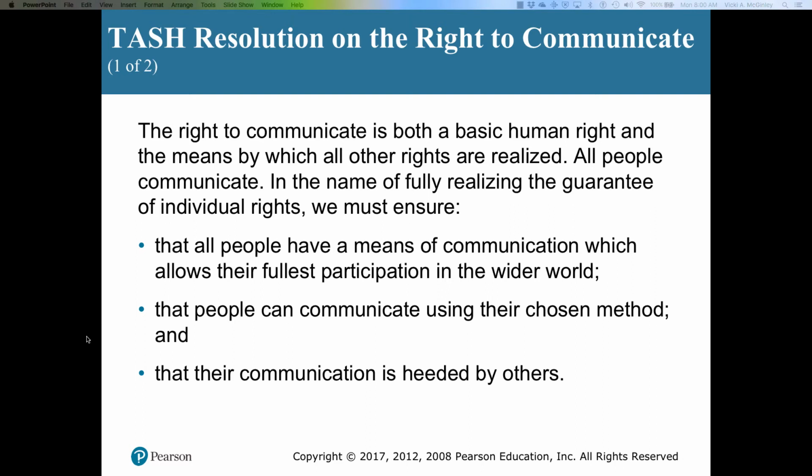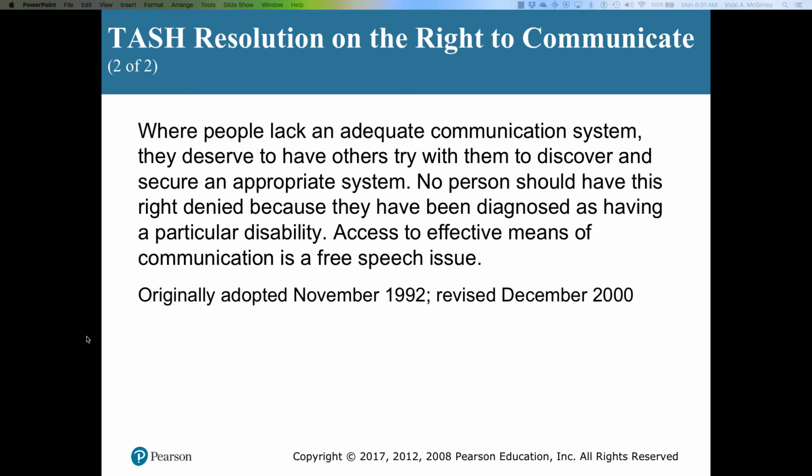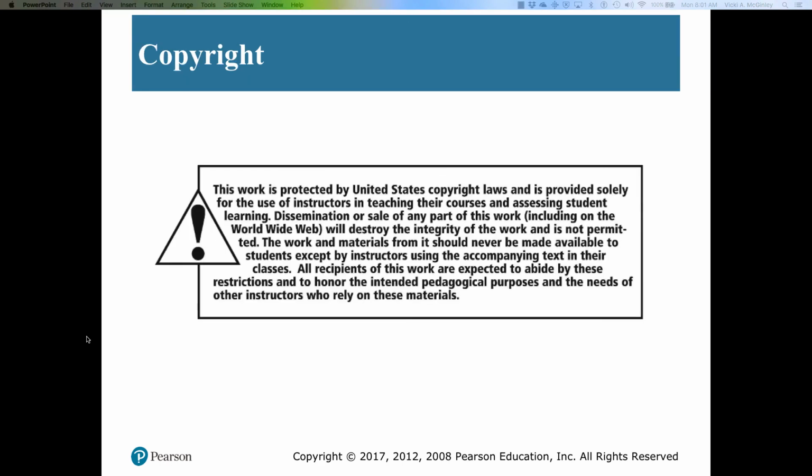A lot of times we seem to focus on the very basic of needs. They can communicate using a chosen method, and their communication is listened to and addressed by others. When people lack an adequate communication system, they deserve to have others work with them to help provide an appropriate system. And that concludes Chapter 6.